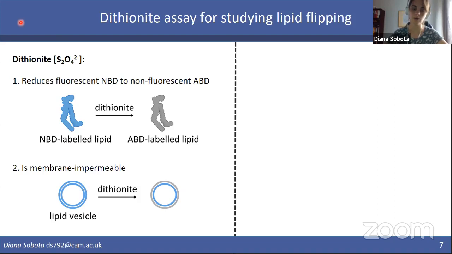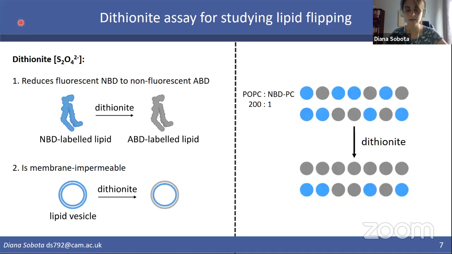So if we now have our lipid vesicle with 2 leaflets, both of them labeled with NBD, we add dithionite, it will not bleach the inner leaflet because it has no way of getting there. And of course, lipids do not just on their own spontaneously move to the other leaflet, which means in this case, we'll observe roughly 50% loss of fluorescence. And in this case, as I mentioned, we are using POPC.